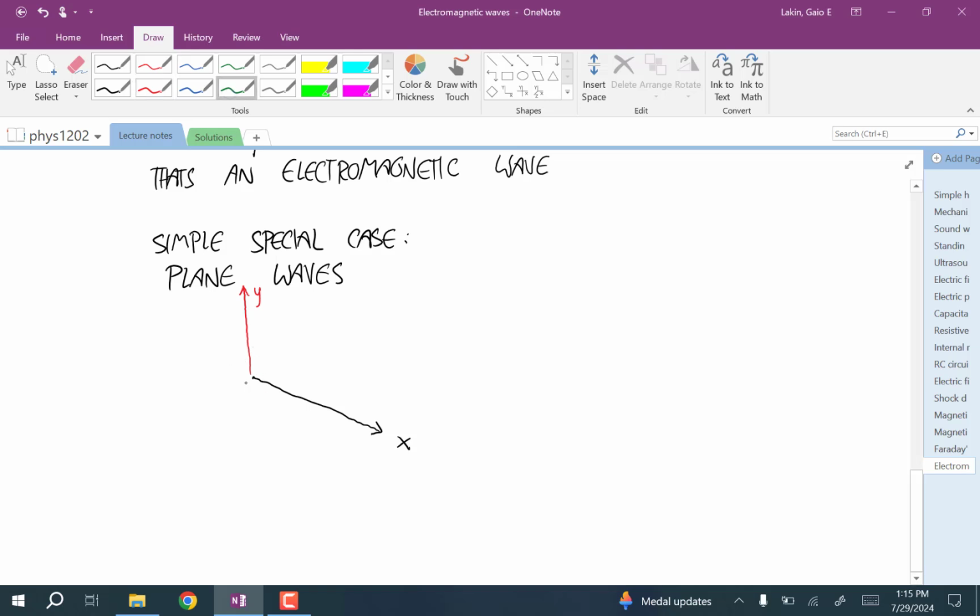And then we have a z-axis, and the magnetic field vectors are going to be parallel to the z-axis. And so here is what this wave looks like. So the wave starts at time 0, say at the origin, and moves along the positive x-axis.